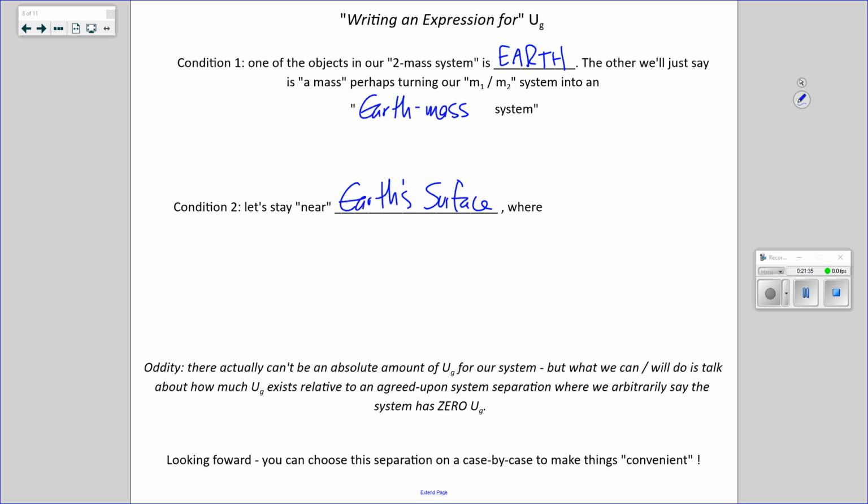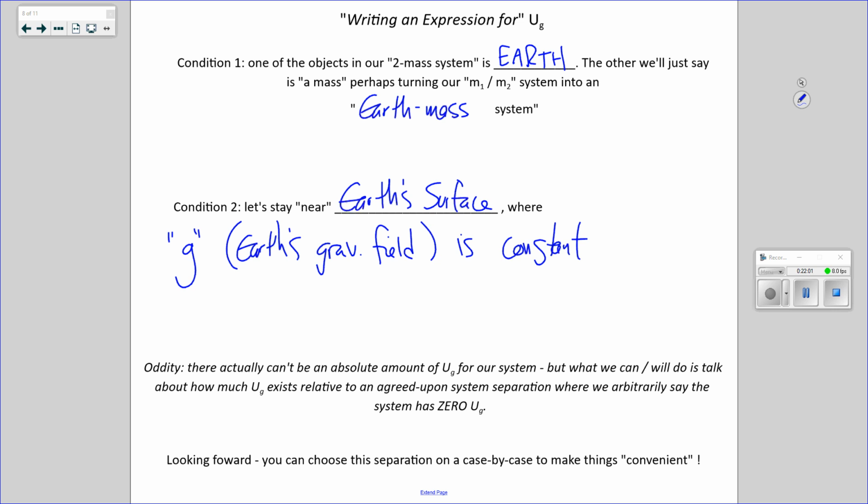So if we go a couple hundred meters higher up above Earth, that's not that far relative to the size of the Earth. So the nice thing about saying near Earth's surface is that g, Earth's gravitational field, is really fairly constant.